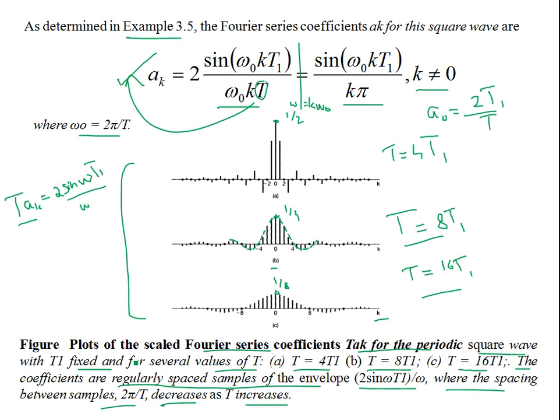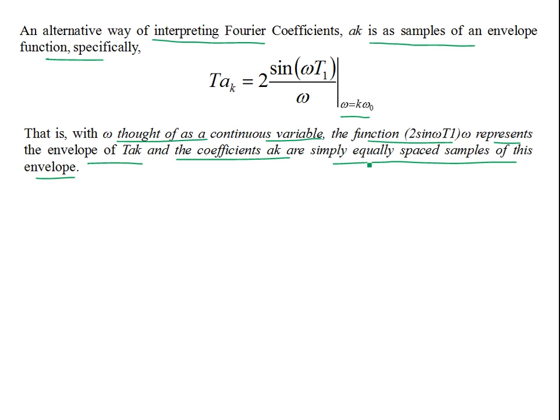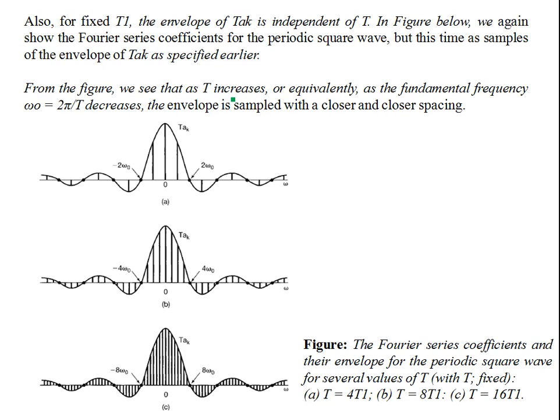The sampling interval is regular, the difference between samples is the same, but they become closer together because capital T is increasing. So with an increase in capital T, the difference between Fourier coefficients becomes smaller and smaller.